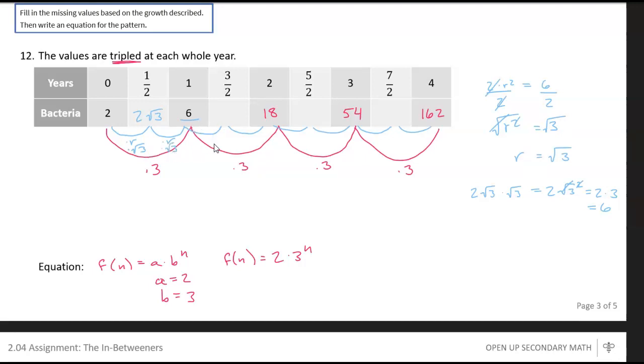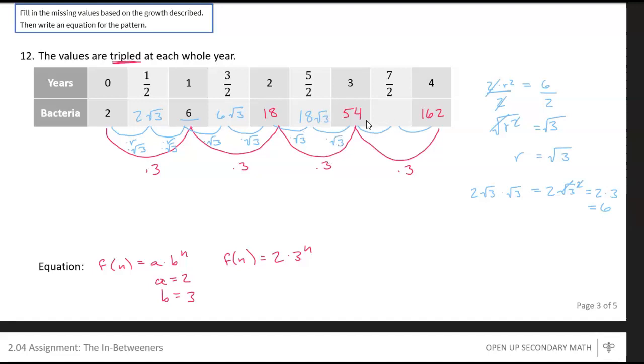Now all we have to do is just multiply by that same factor at each step. So this is going to be 6 times root 3, which is 6 root 3. We multiply by root 3 again, and we get 18, because those roots are going to cancel. We get 6 times 3 is 18. Multiply by root 3 again, we get 18 root 3.